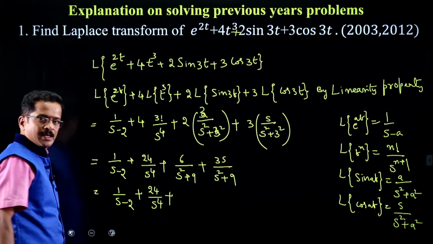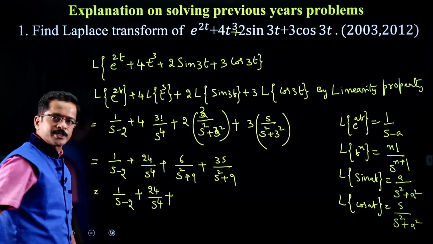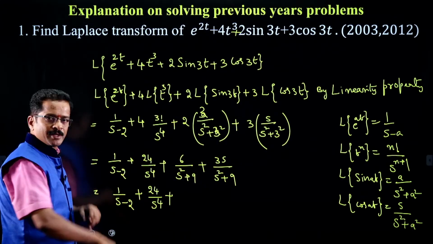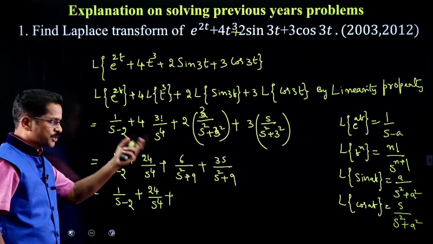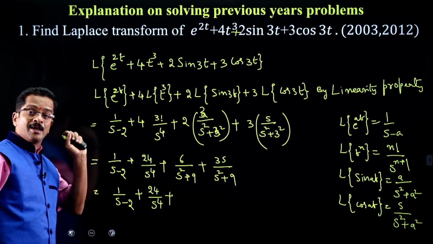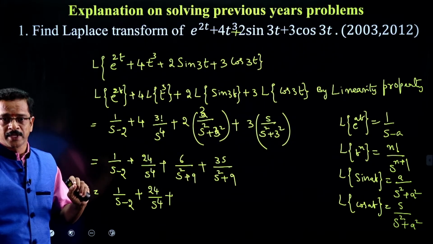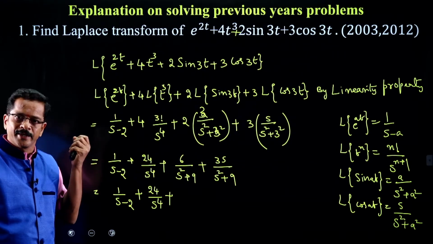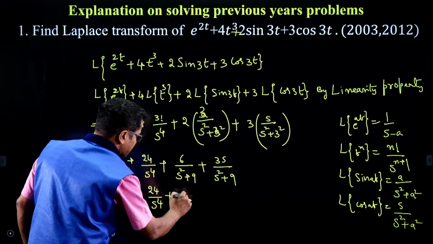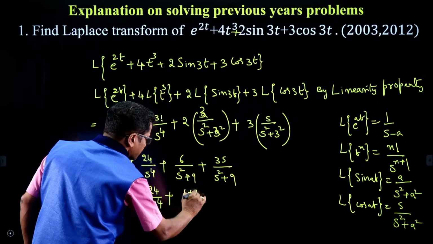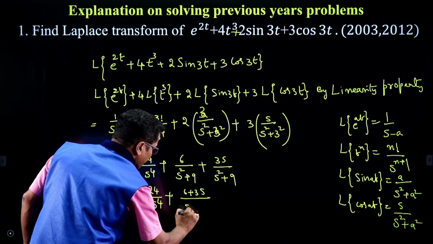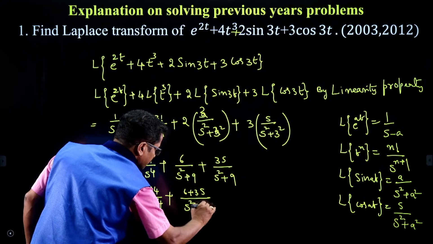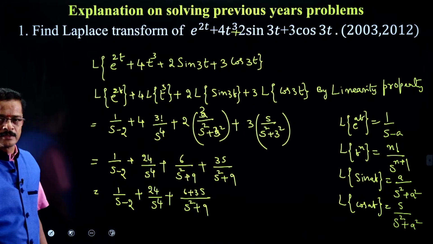plus, as here the denominators are like terms, you can add the numerator parts directly as denominators are same. So 6 plus 3s by s square plus 9, right?